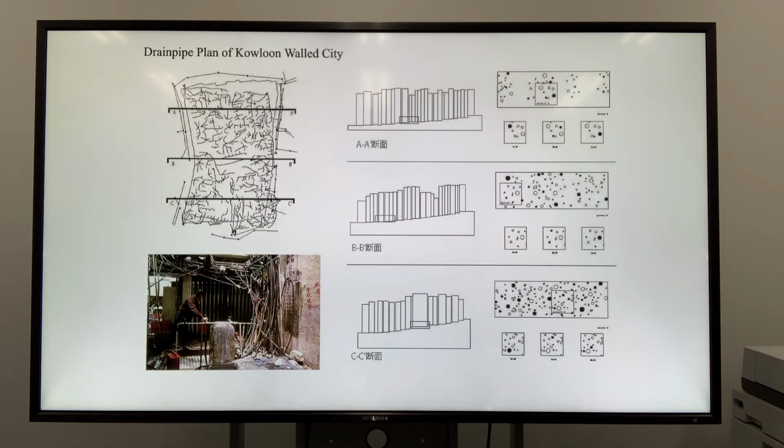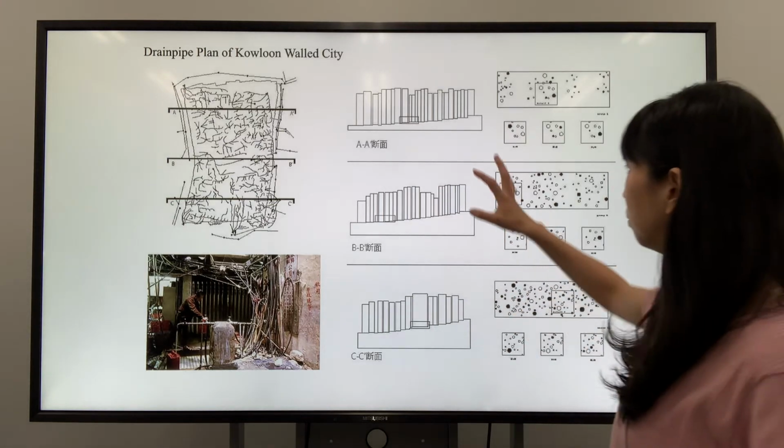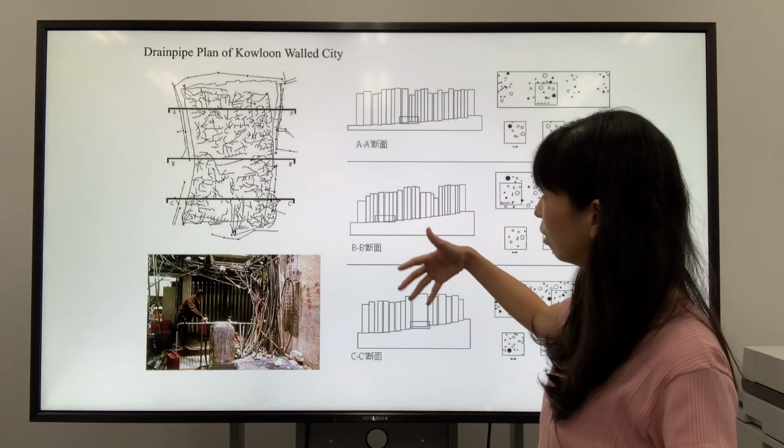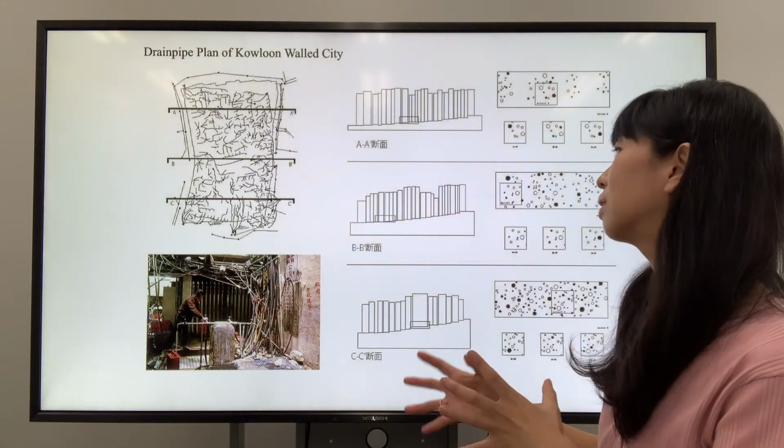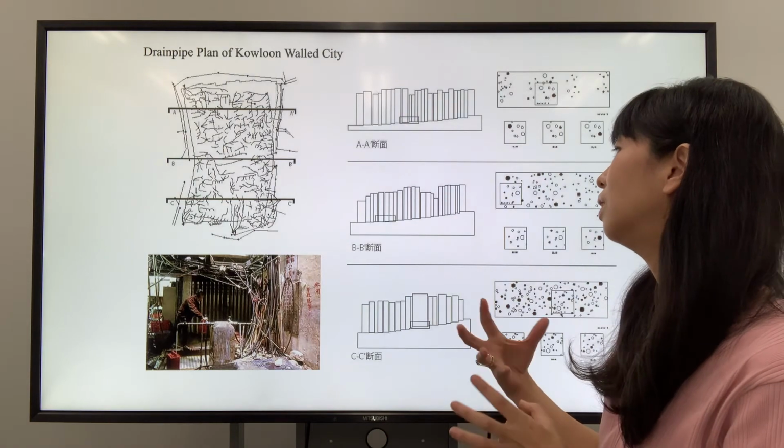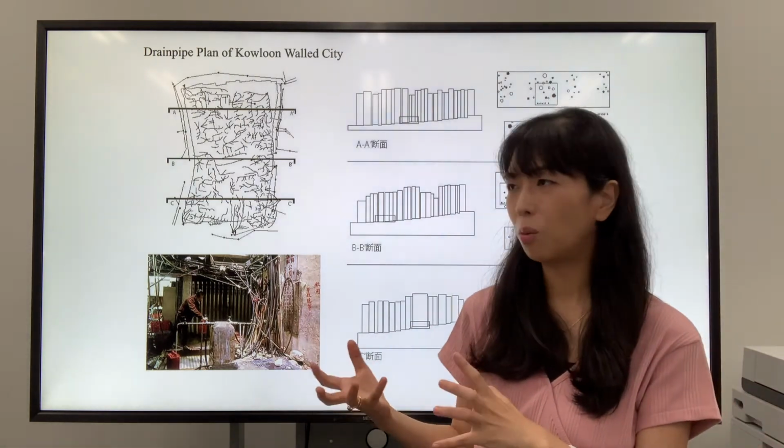In terms of management, I would like to introduce this diagram showing a section of the city, and how messy the electricity and water piping were.